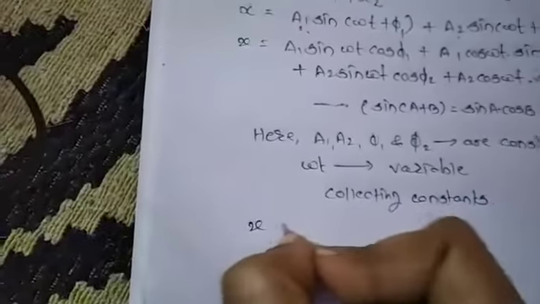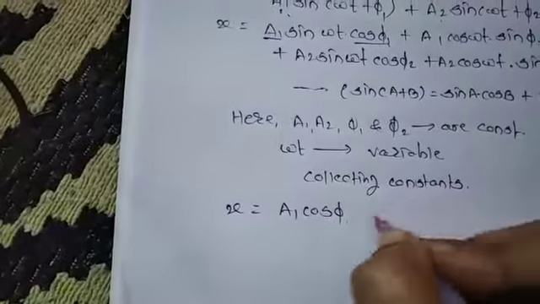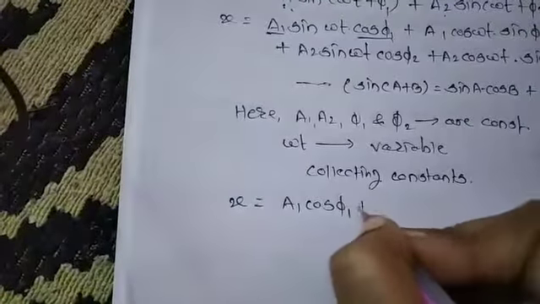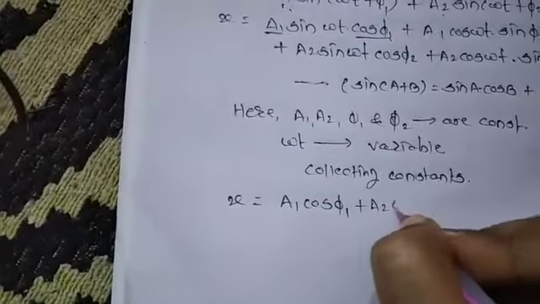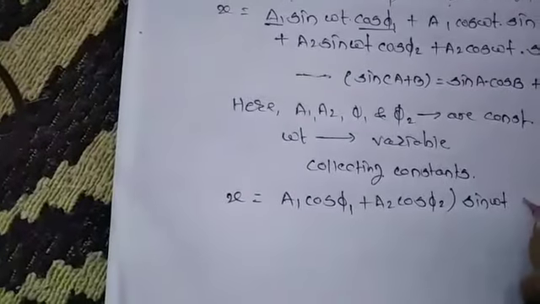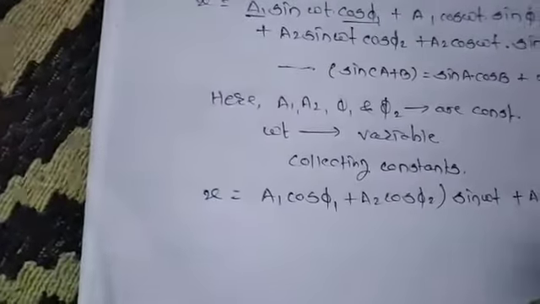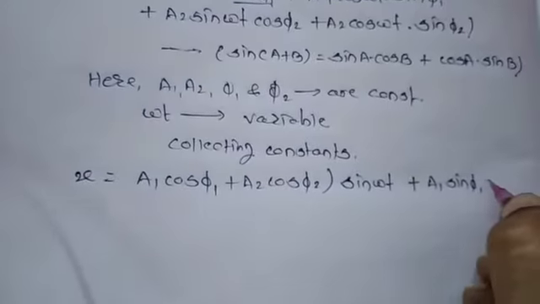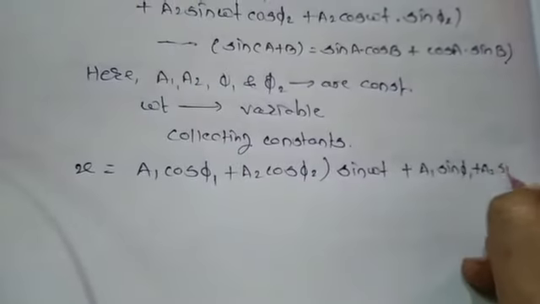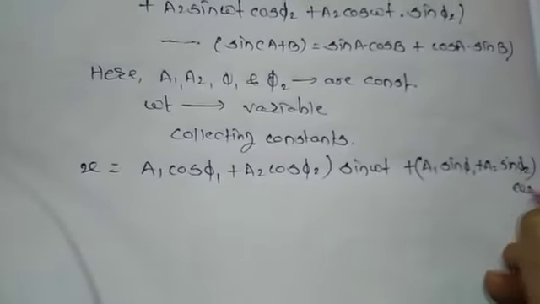So we can write x is equal to A1 cos of phi1 plus A2 cos of phi2 into sine of omega t plus A1 sine of phi1 plus A2 sine of phi2 into cos of omega t.